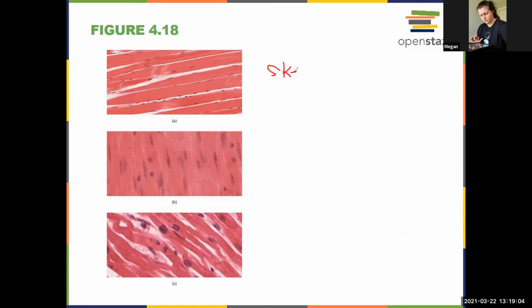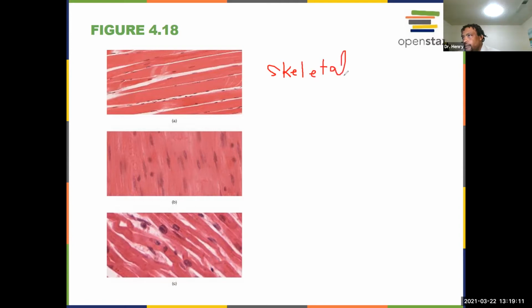That's right, skeletal. Okay, so what are some unique features about skeletal, and what is its function? The function of skeletal muscle is to produce heat and protect organs.